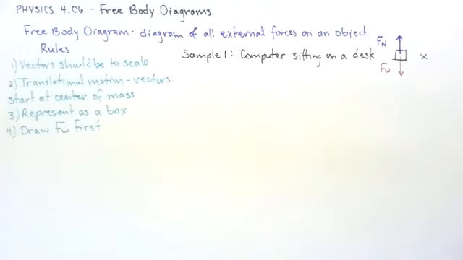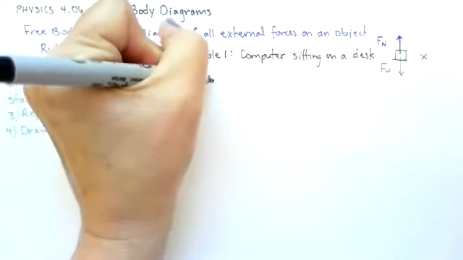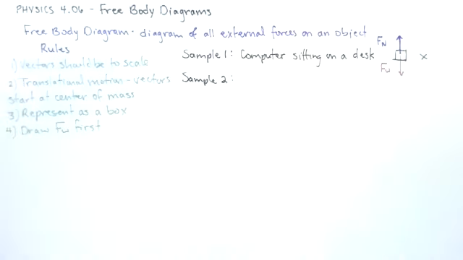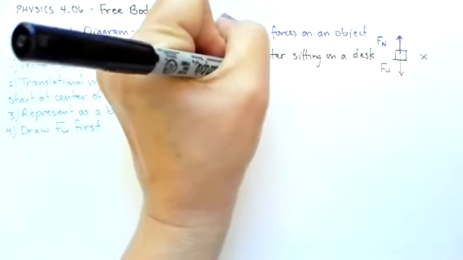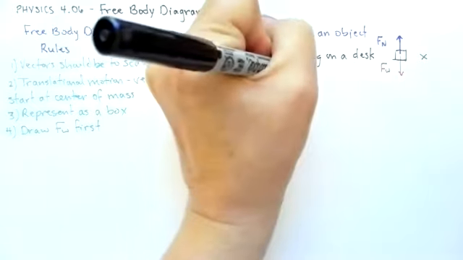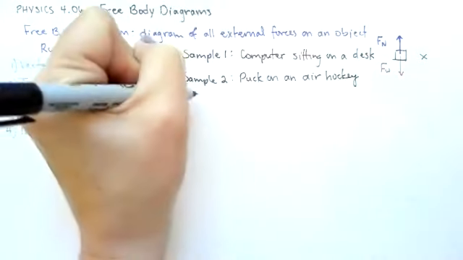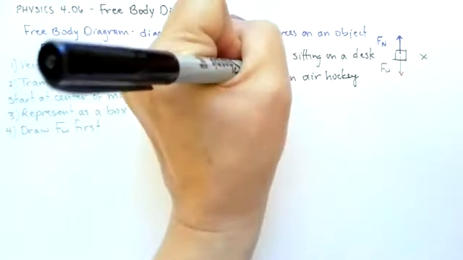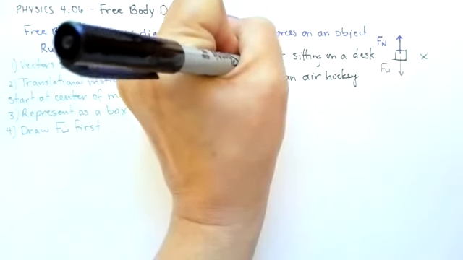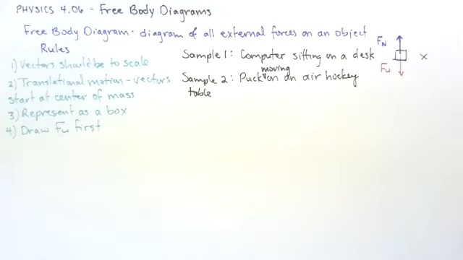All right, let's look at sample 2. Let's do a puck on an air hockey table. Puck moving on an air hockey table.